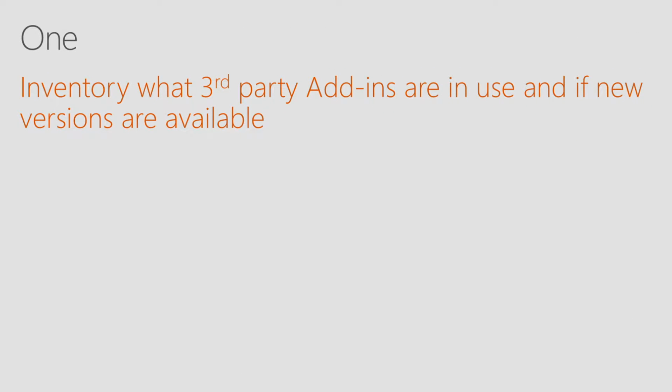The first thing you want to do, as you start getting ready to plan to deploy Office 365 in your environment, is take a look at what third-party add-ins are in use. This is one of the most common blockers that customers run into, if they have lots of different departments with lots of different third-party add-ins in use.